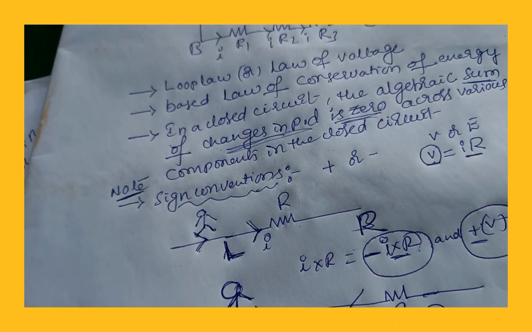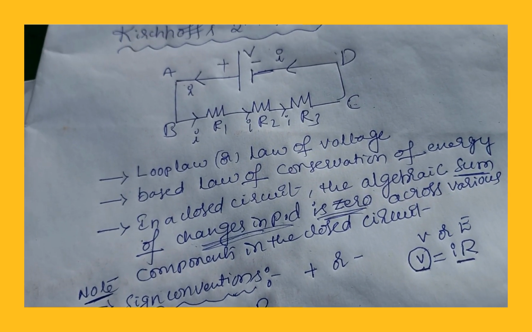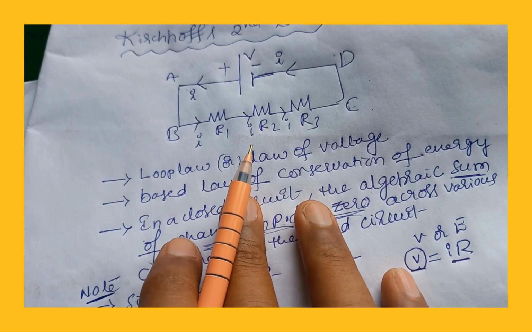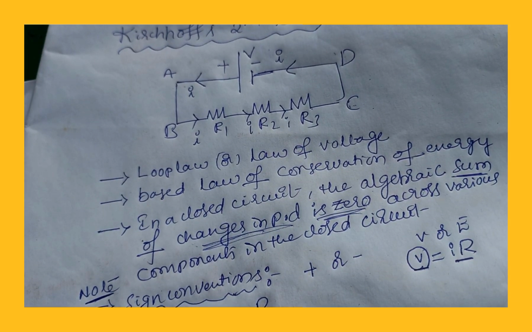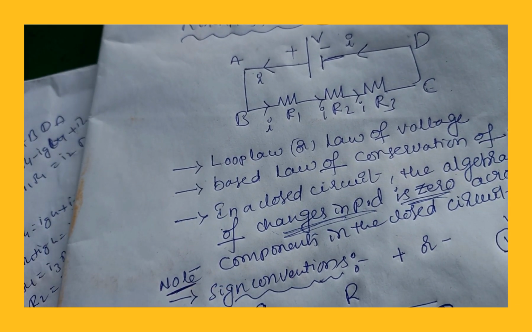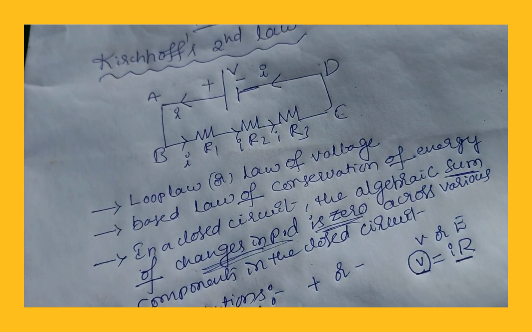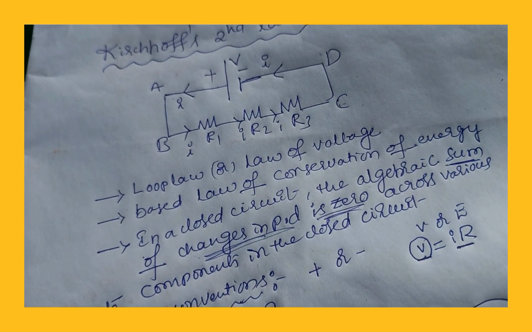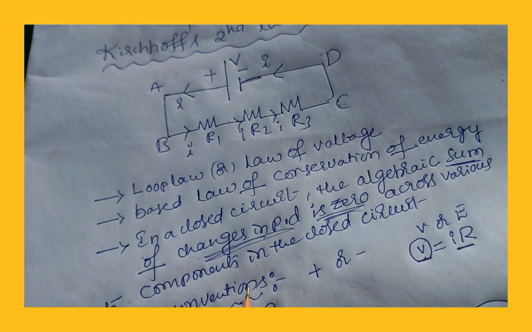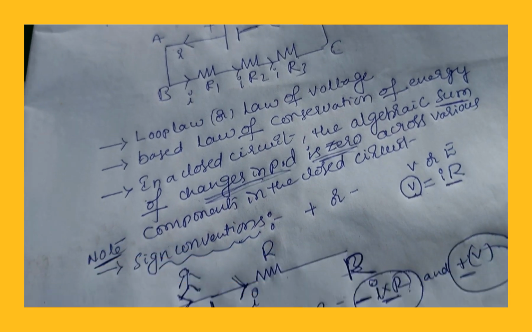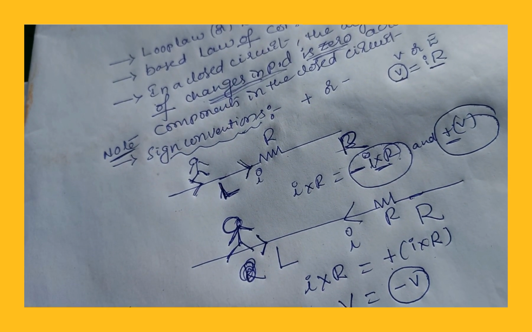Now using this concept, we can write the formula for this statement, students. How can we write the formula for this statement? So now we are applying Kirchhoff sign convention rules for Kirchhoff's law for the closed loop.